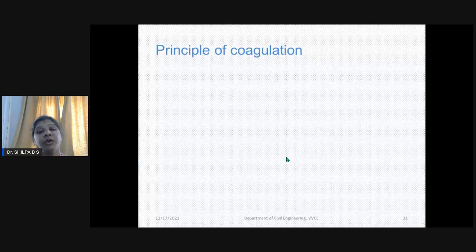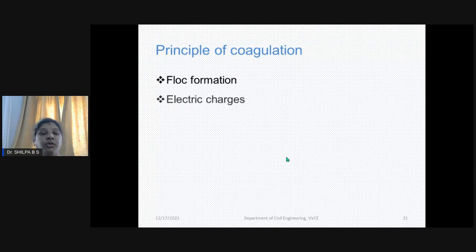So the principle of coagulation: there are two important processes that take place in coagulation. One is flock formation, the other is electric charge neutralization. Flock formation means when we add the coagulant, for example alum, the alum will react with the water to form aluminium hydroxide, which is an insoluble precipitate.